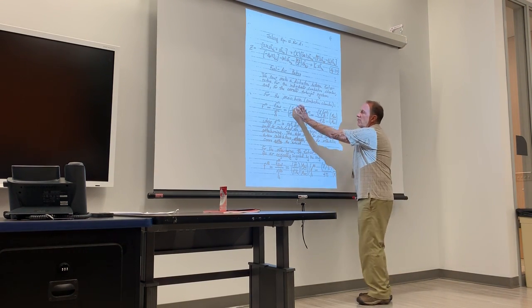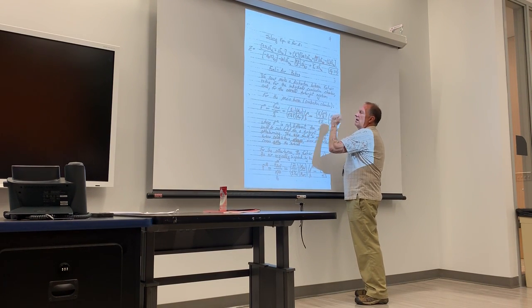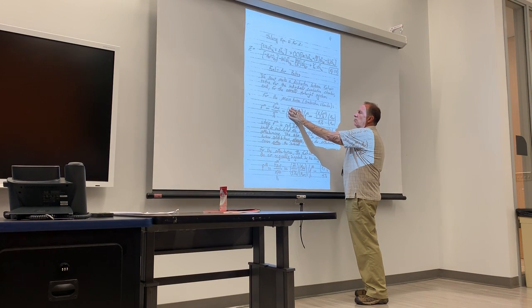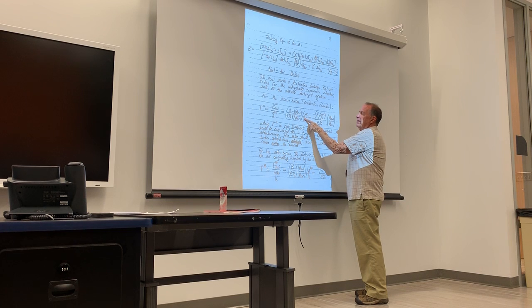This is how you compute the ideal F, and this factor down here in the denominator is how you make it F actual for the main burner.